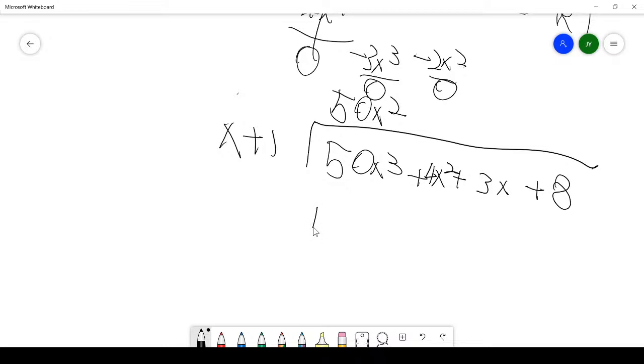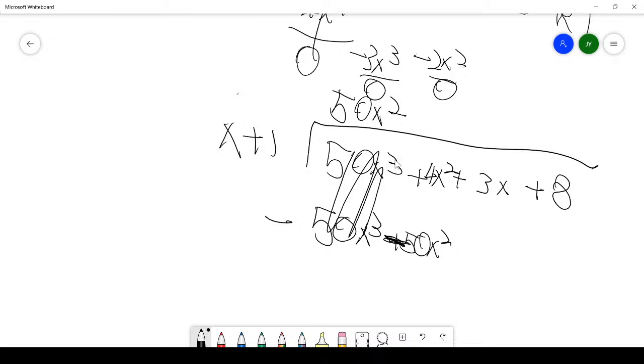If you multiply that out, this becomes 50x cubed plus 50x squared. And you're subtracting it, so you make this minus. This gets rid of this, but now you need to subtract this from 4x squared.